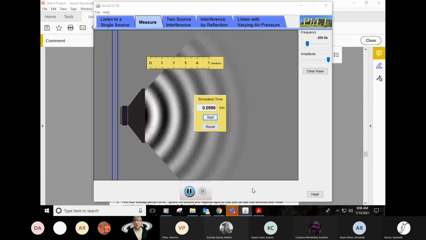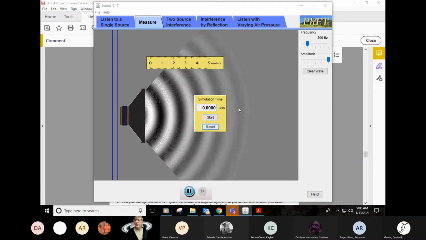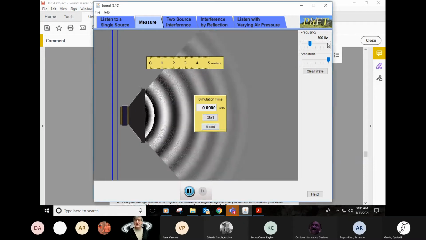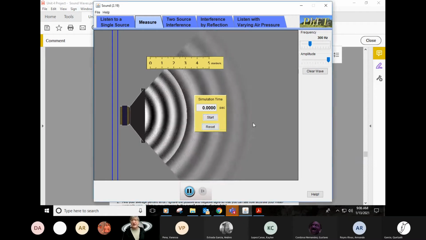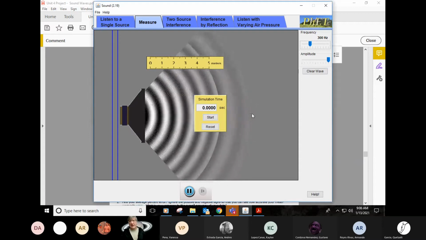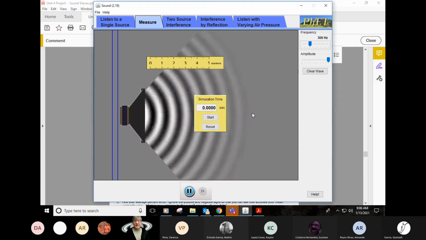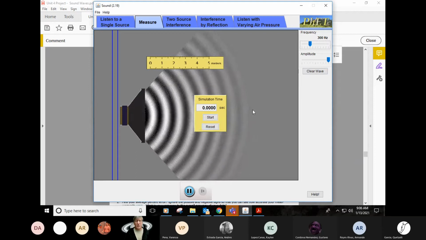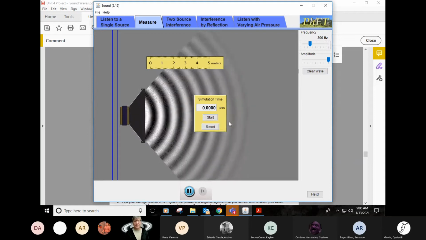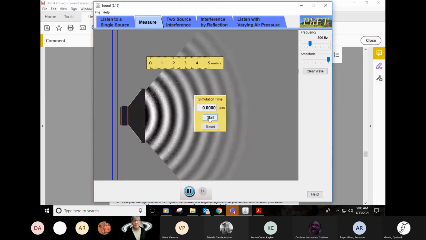Let's go ahead and move on to our third one, 300 hertz. Okay, I've sped it up a little bit. The pitch would be rising. If I was playing the sound also, we'd hear the pitch going up. And we're getting ready to begin.